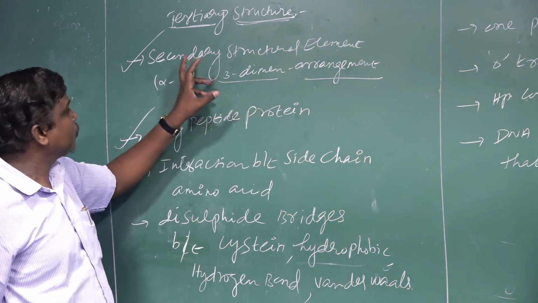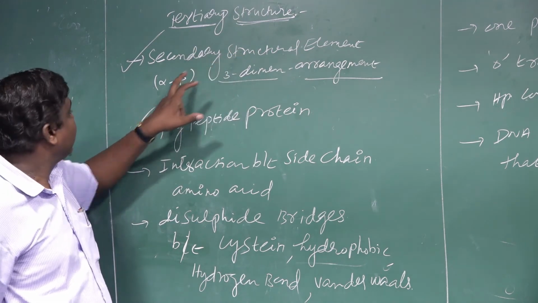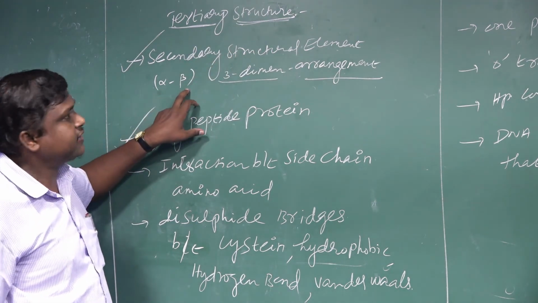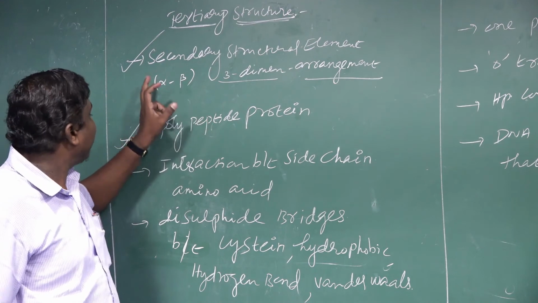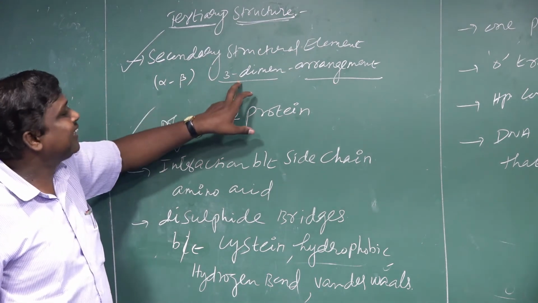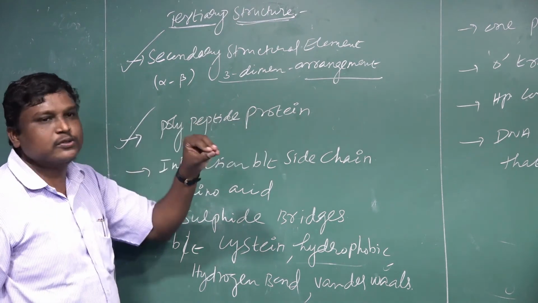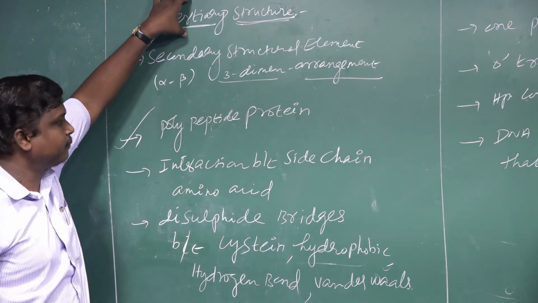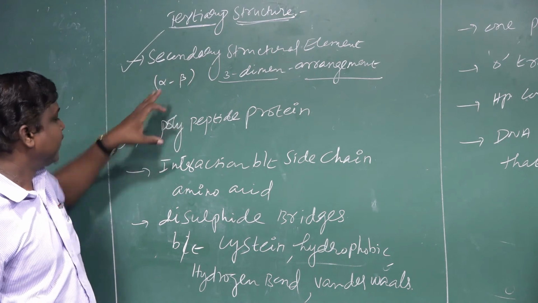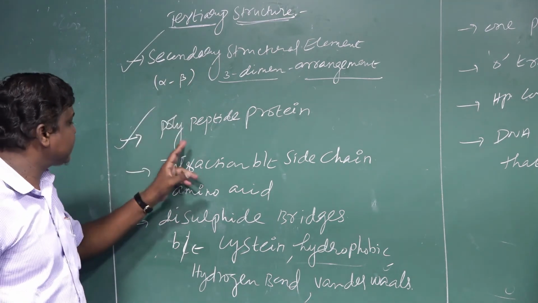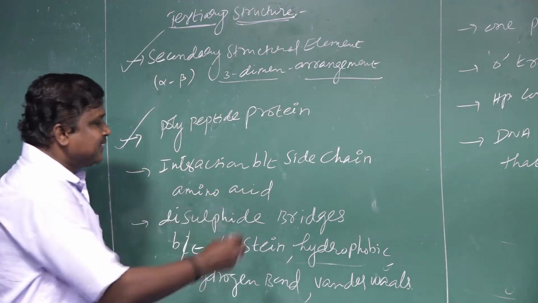The three-dimensional arrangement of the polypeptide, with the secondary structure of alpha helix and beta strands, is known as tertiary structure. Next one, in this tertiary structure there is interaction between side chains.